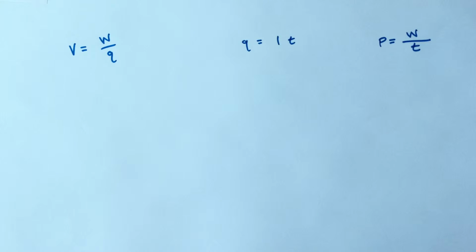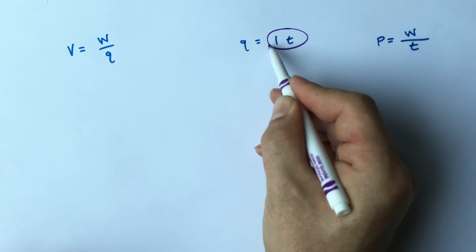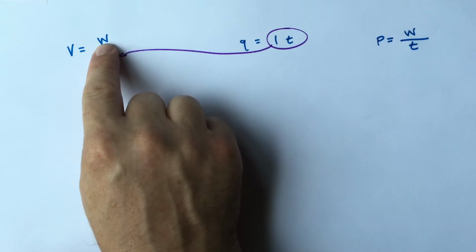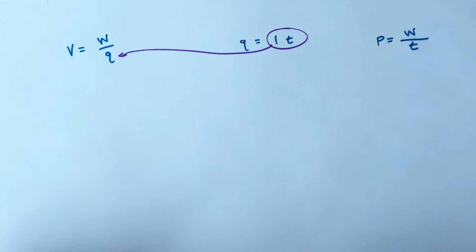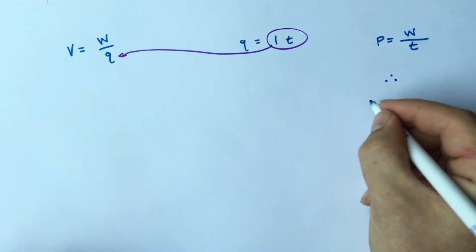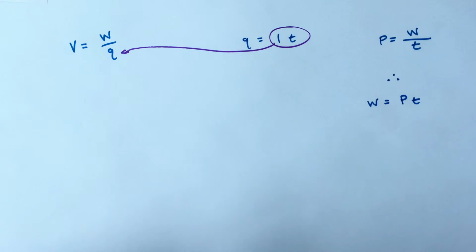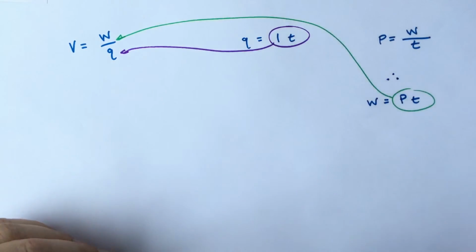All right, so we need to feed some of these things in. I'm going to say I want to replace this Q in this equation with this IT. And I want to replace this W with what W is equal to here. And so let's solve for W there. So if power is equal to work over time, we can say therefore work is equal to power times time. So let's take this and feed it in for work in this equation.